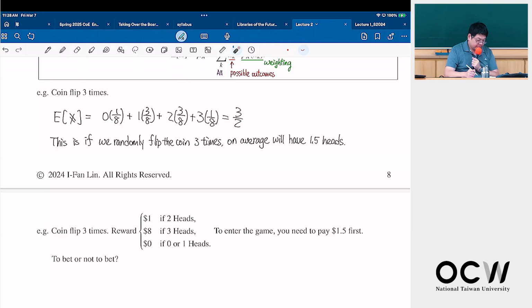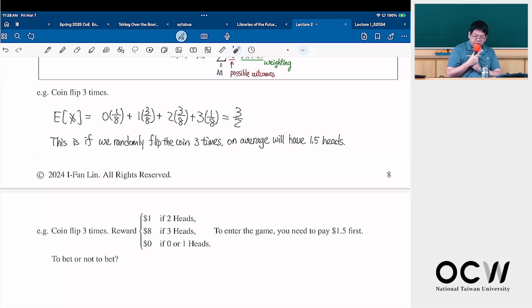Then we need to find the expected value. If you play that many times, will you earn money or lose money? But how do we find the expected value? You also need to ask yourself: expected value of what? So you need to define your random variable.